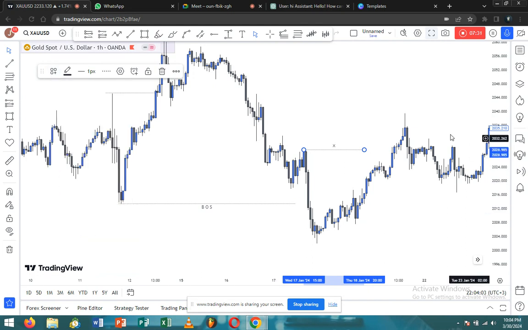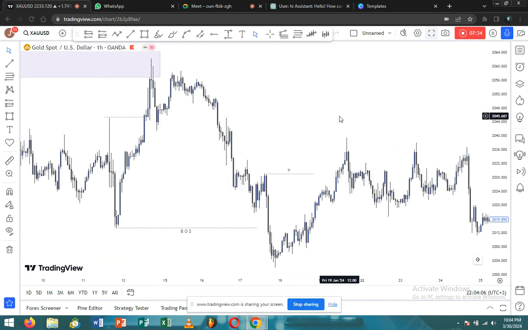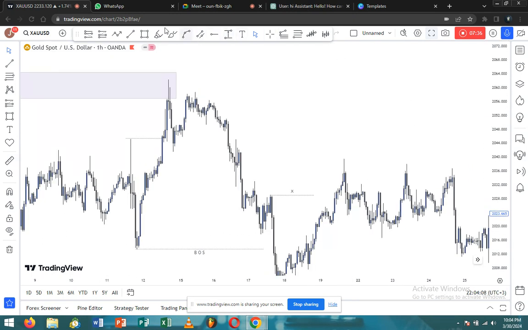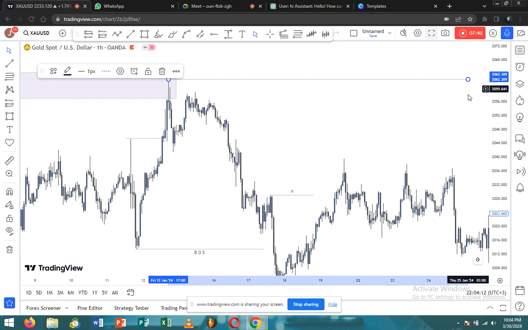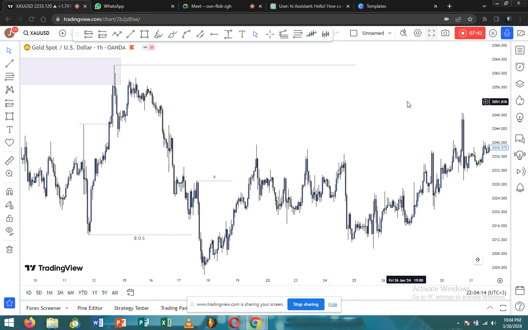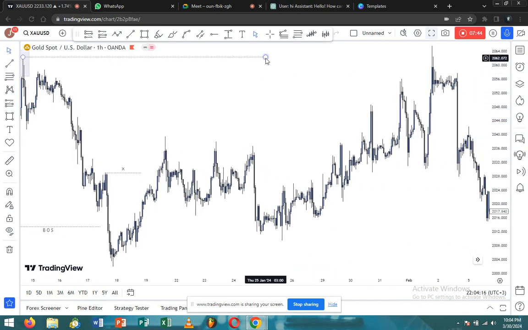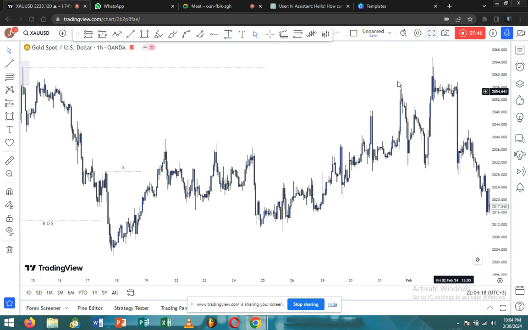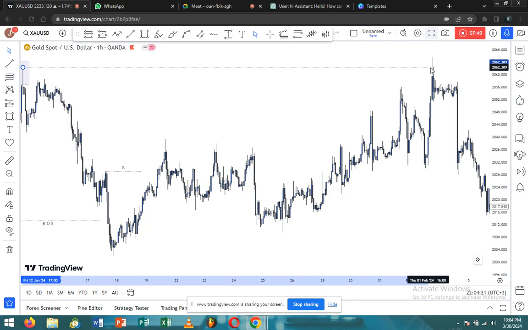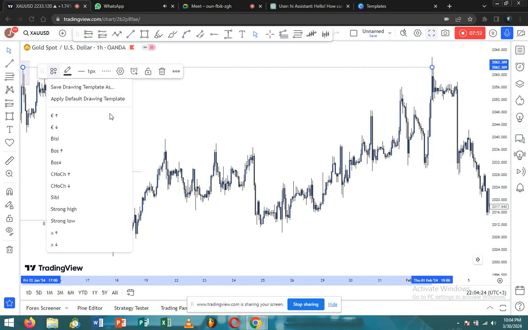Okay, so with that inducement, you want to be looking for a selling opportunity. All right. So you don't want to see price crossing that one with a candle closing above. Otherwise, if it's a candle closing above, we confirm the change of character. But this was a sweep, and with a sweep, you already know what it is.